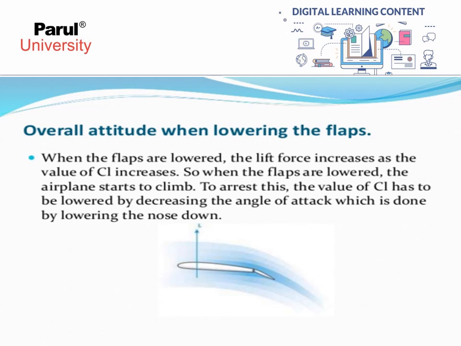Okay, we can see it in the figure also. With the trailing edge of the flaps deflected downward, the flow over this airfoil is going smooth. Okay, now we can go to the next slide.